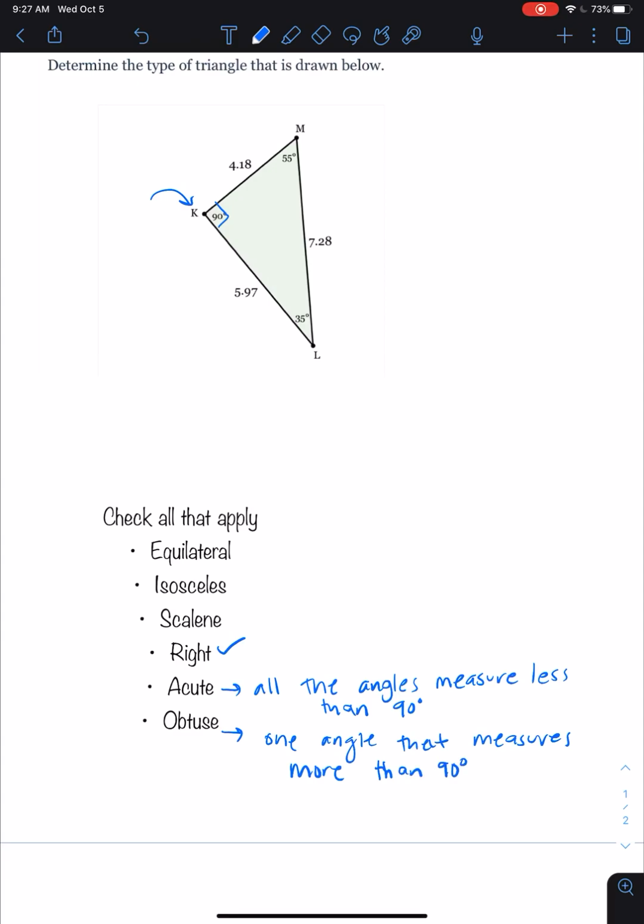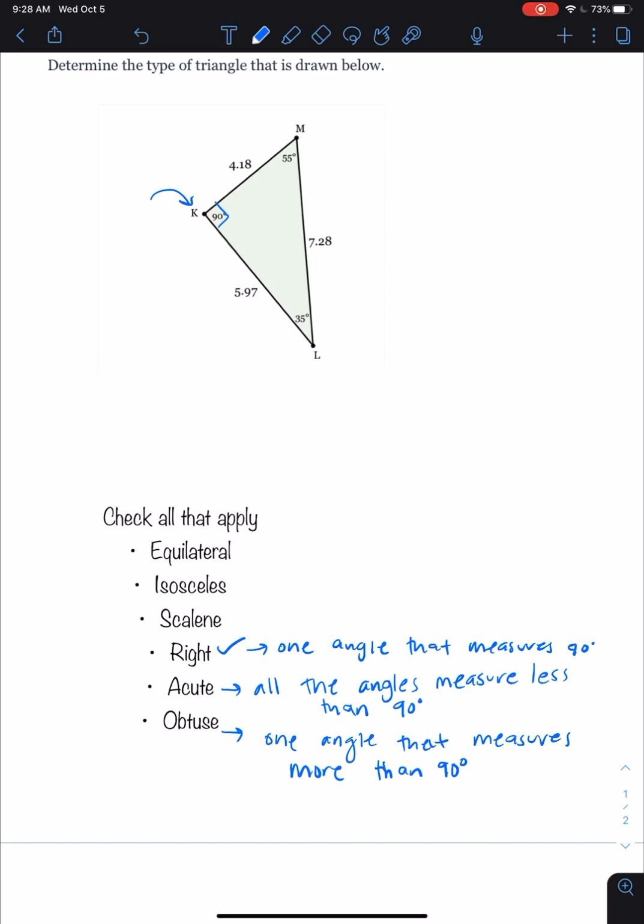And remember, for a right triangle, it's one angle that measures 90 degrees. So this would not be classified as right and acute. It would just be classified as a right triangle. Just like if there was one obtuse angle, it wouldn't be classified as obtuse and acute. It would be classified just as obtuse because there's one angle that measures more than 90 degrees.